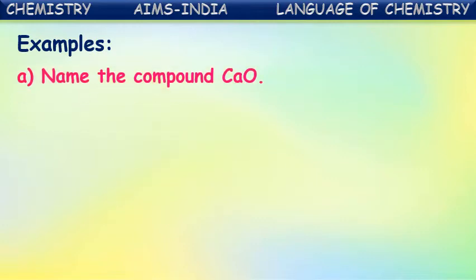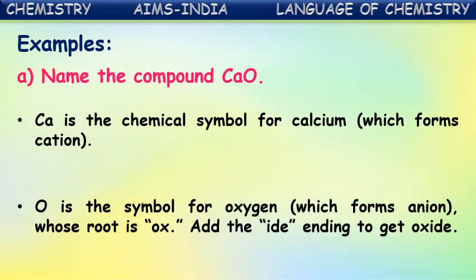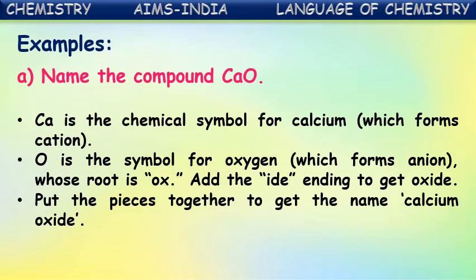Let us see some examples. Name of the compound: calcium oxide. Ca is the chemical symbol for calcium, which forms the cation. O is the symbol for oxygen, which forms the anion. Whose root is "ox". Calcium means calcium only, the cation, direct name. While writing oxygen, it is an anion, right?